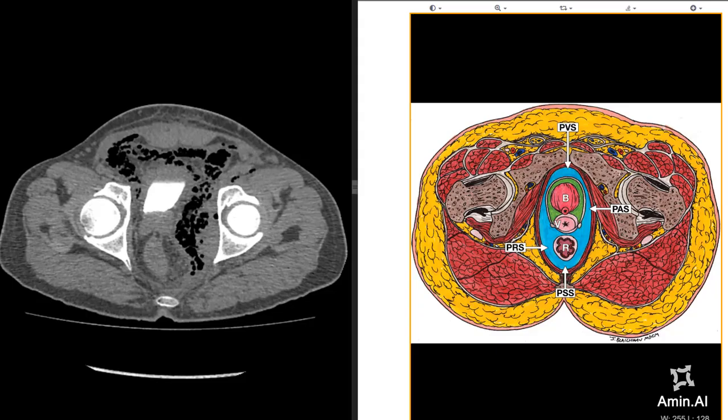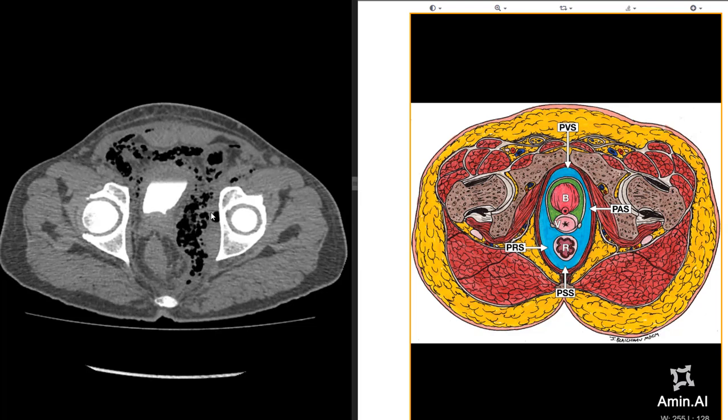I would also like to compare this axial image at the section of the pelvis to another image from Radiographics, and this shows basically a blue colored area which is surrounding the bladder and the rectal region.